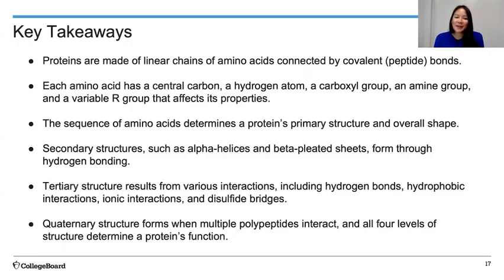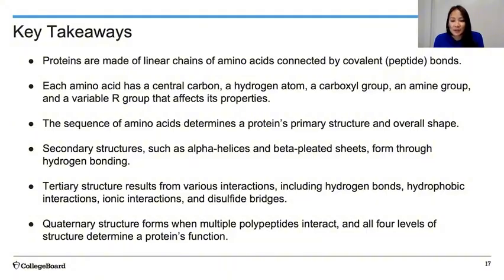We're going to also take away that the sequence of amino acids determines a protein's primary structure and then its overall shape. We're going to take away that secondary structures such as alpha helices and beta pleated sheets are formed through that hydrogen bonding around that polypeptide backbone. And that the remaining R group interactions is how the tertiary structure results from various interactions.